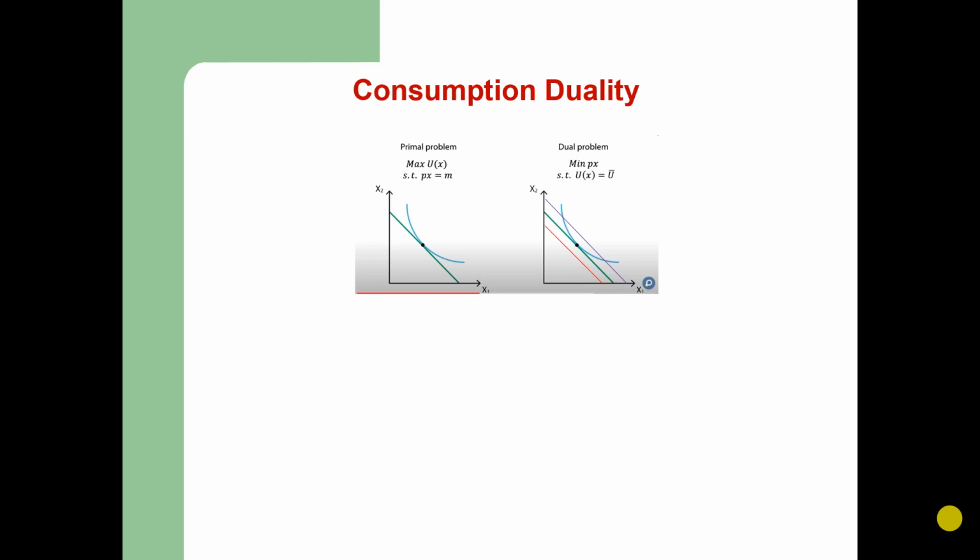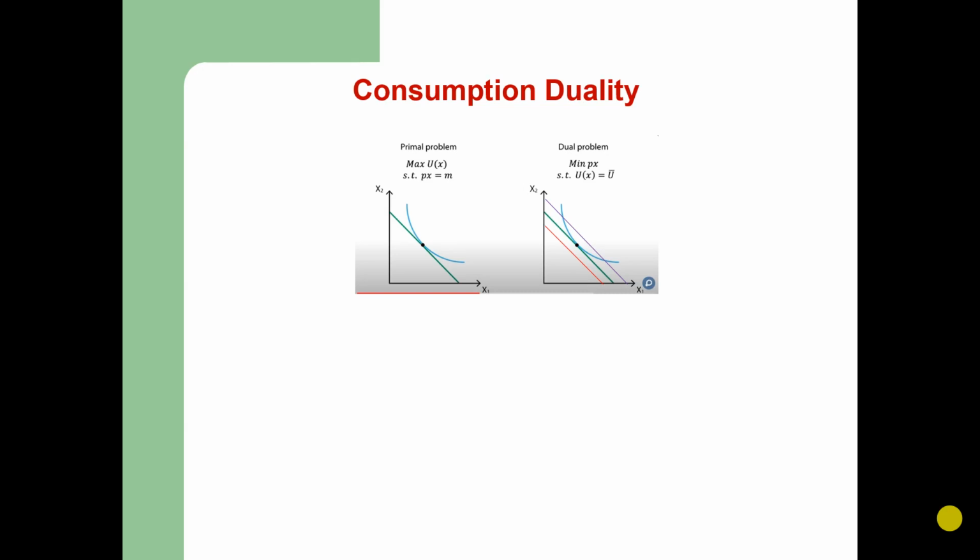One is the primal problem and the other one is the dual problem. Consumption duality can be obtained either through utility maximization subject to budget constraint or expenditure minimization subject to utility target.